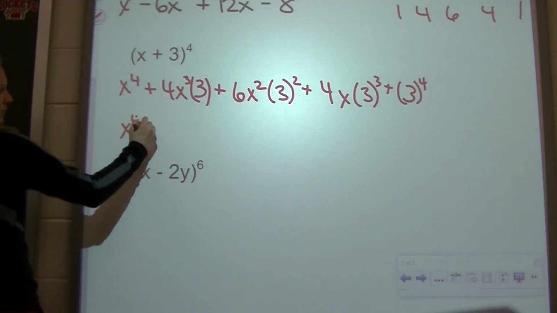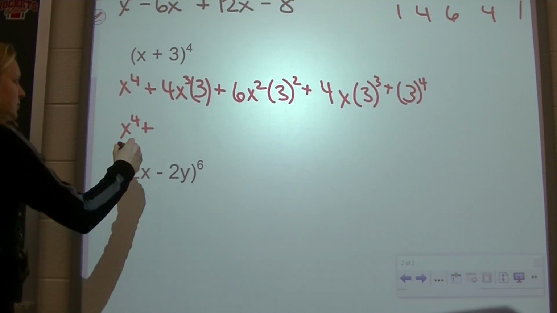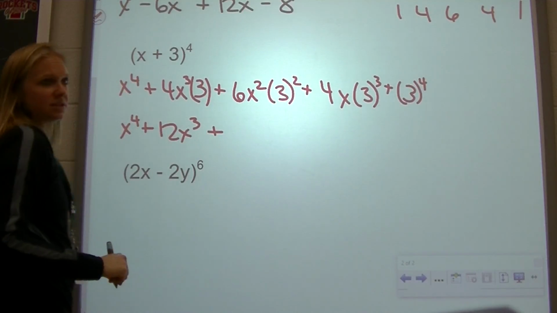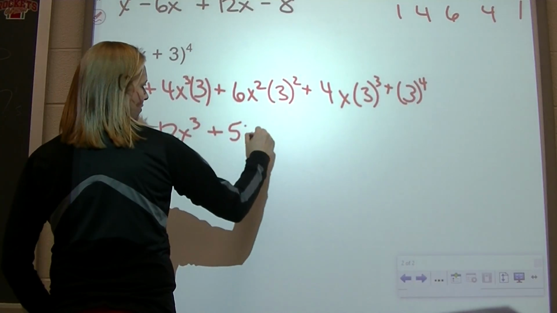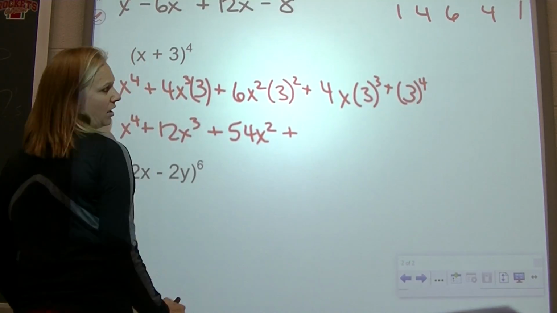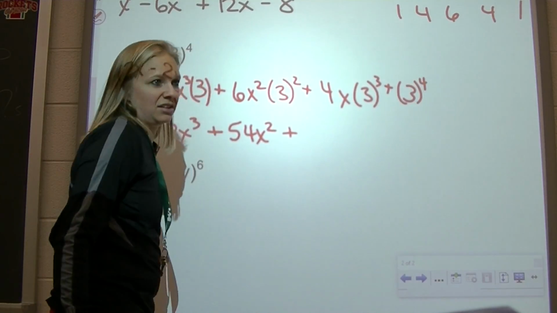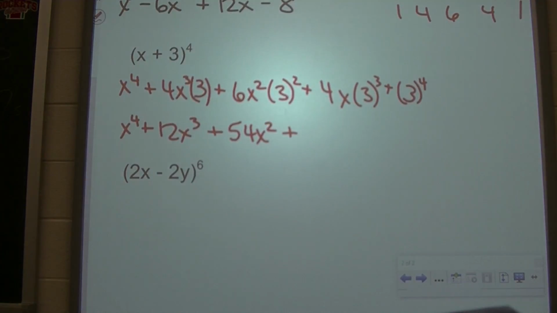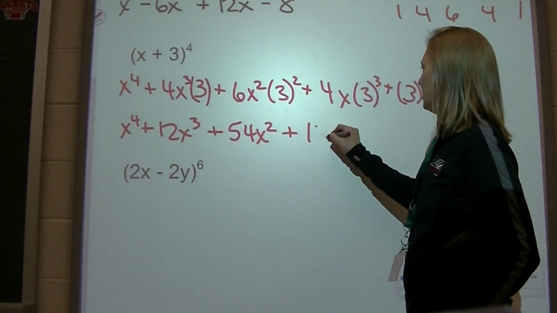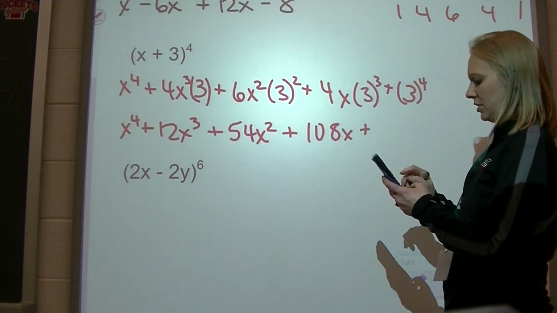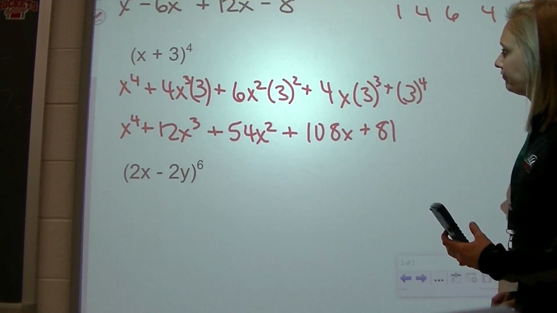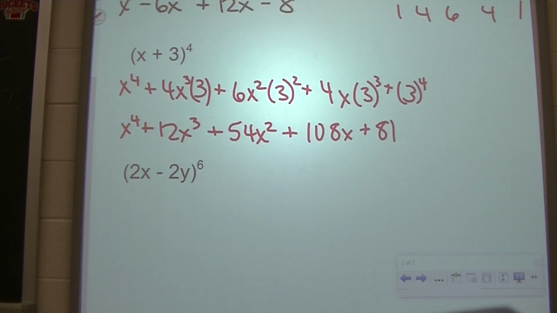So we're going to have x to the fourth plus 12x cubed plus 9 times 6, that's 54x squared. 27 times 4 is 108, plus 108x, and then plus 3 to the fourth, which is 81. So there, that is expanded.